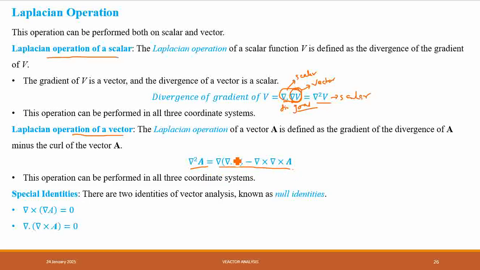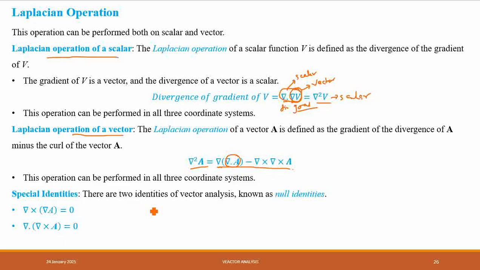The divergence of any vector will give a scalar value. So this is the gradient, right? So it is the gradient of the divergence of A minus the curl of the curl of A. This operation can be performed in all three coordinate systems also. So this becomes a vector, this becomes a vector.